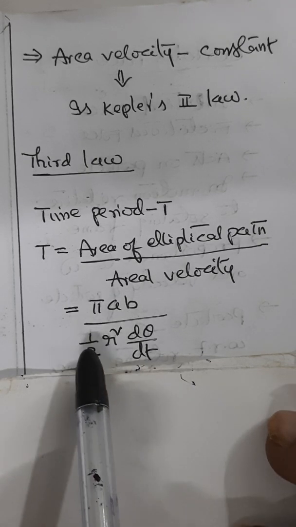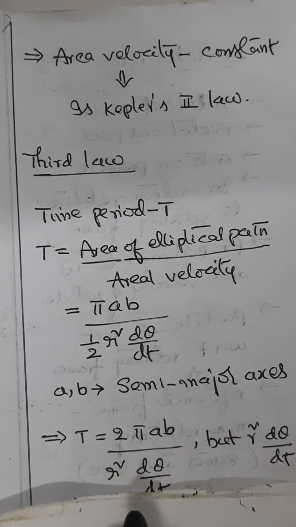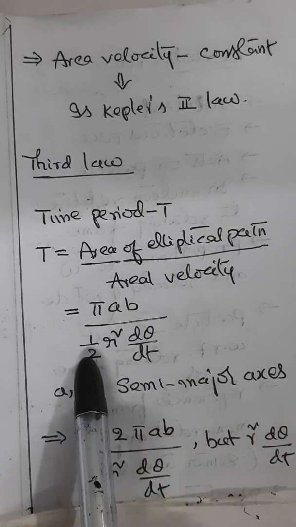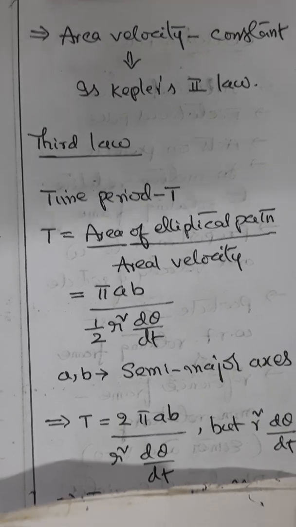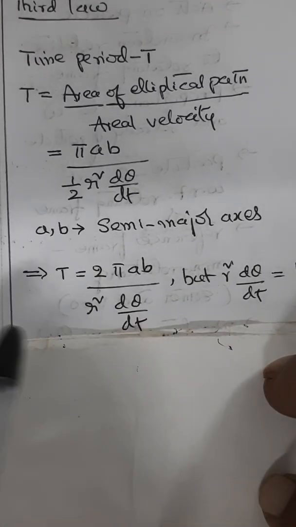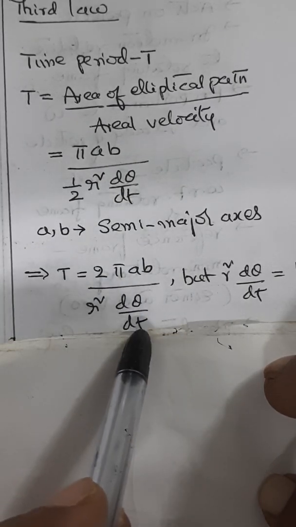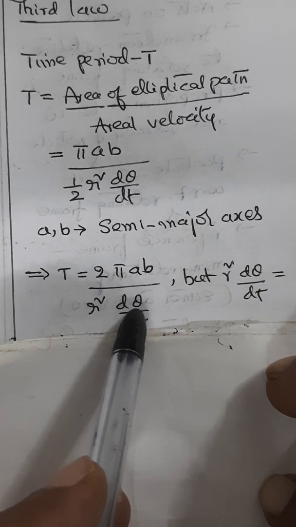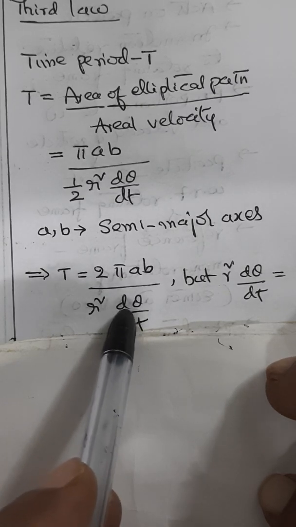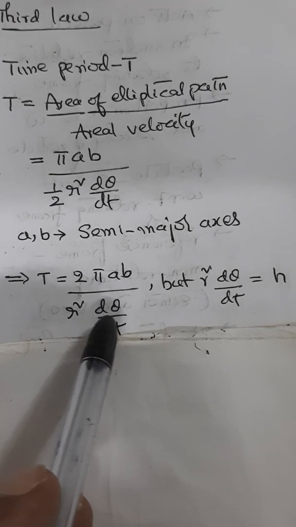Then let us simplify this. Therefore T will be, bringing the 1/2 from the denominator to the numerator, 2πab divided by r² dθ/dt. But r² dθ/dt is nothing but h.